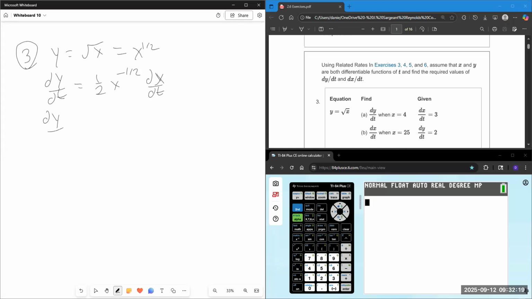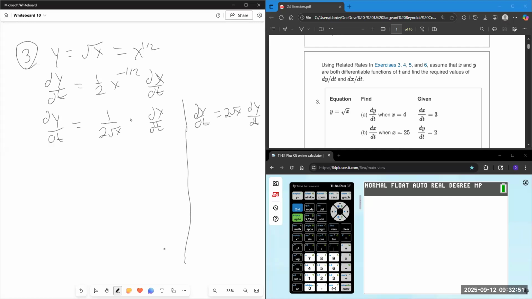One final rewrite here, dy/dt equals 1/2 root x times dx/dt. If I wanted to solve for dx/dt, instead of dy/dt, dx/dt is equal to 2 root x times dy/dt. So I have the setup now for both parts of my problem.